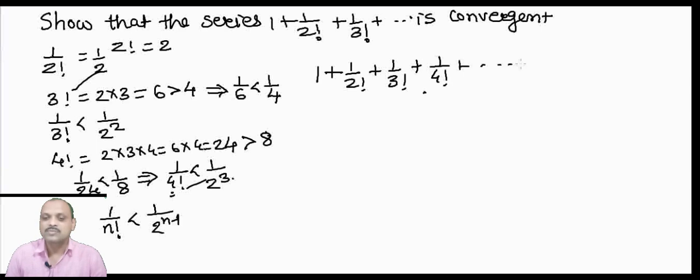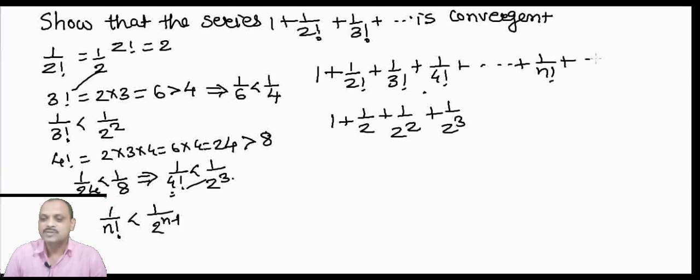Now 1 plus 1 divided by 2 plus 1 divided by 2 square plus 1 divided by 2 cube, and so on up to 1 divided by 2 raised to n minus 1 plus. Every term of this below series is greater than the previous one, and hence we get that this is a greater series.